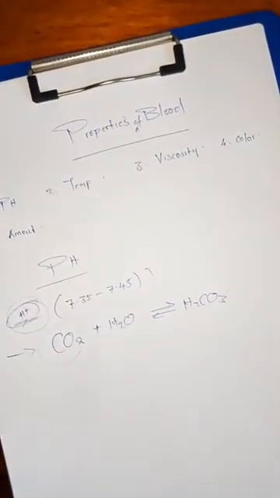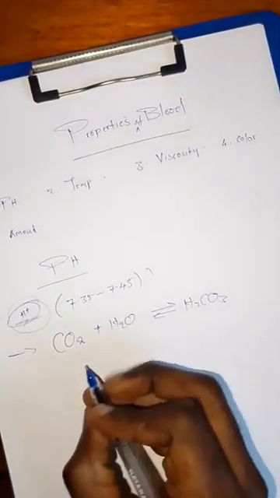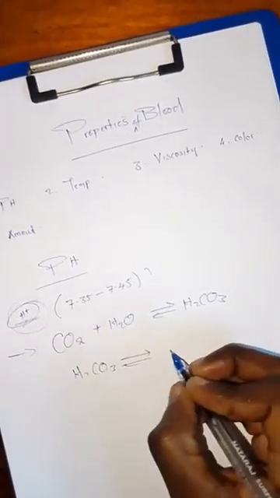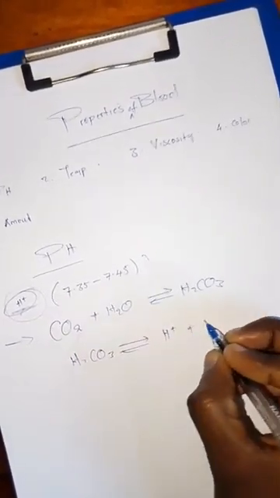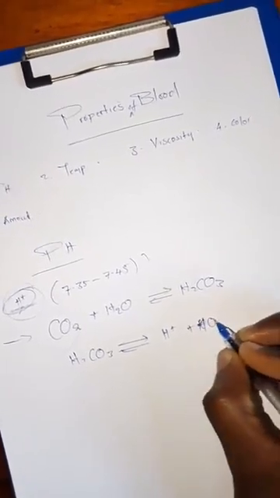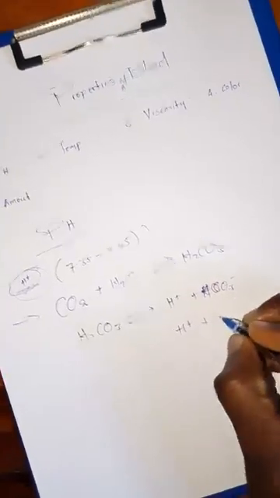This carbonic acid is not a stable acid, so it dissociates to form hydrogen ion plus what we call bicarbonate. So this is hydrogen plus bicarbonate, like this.